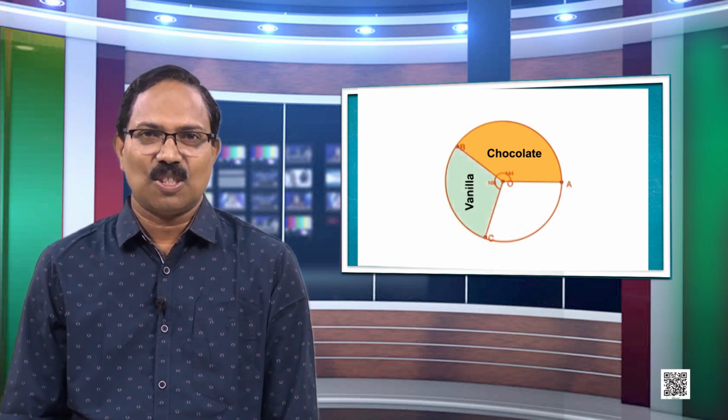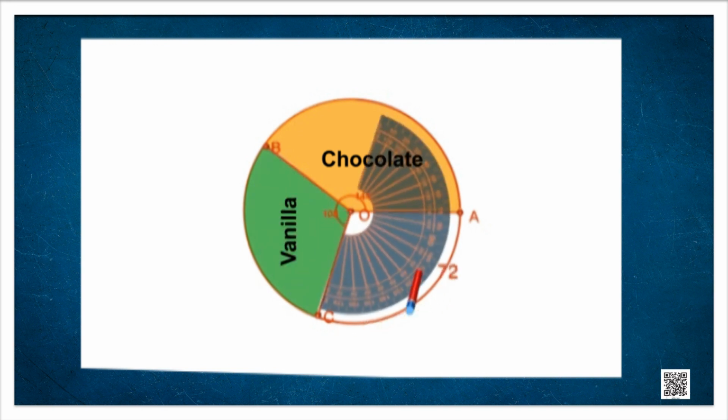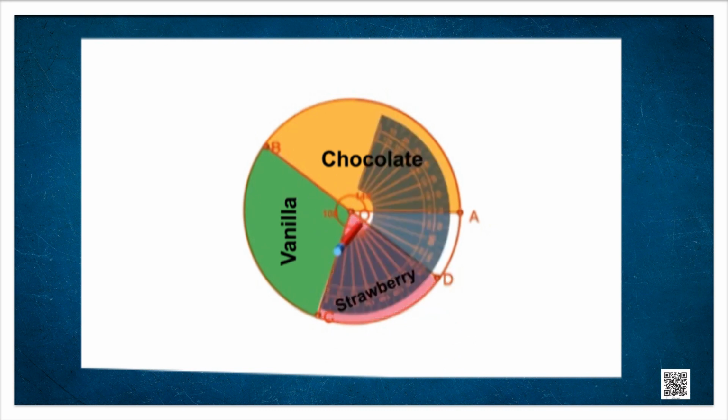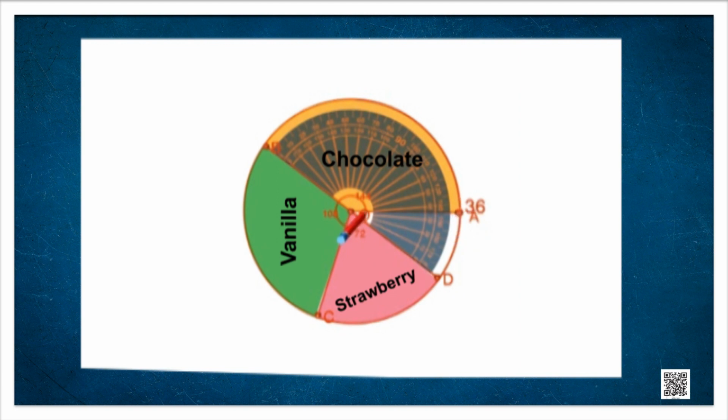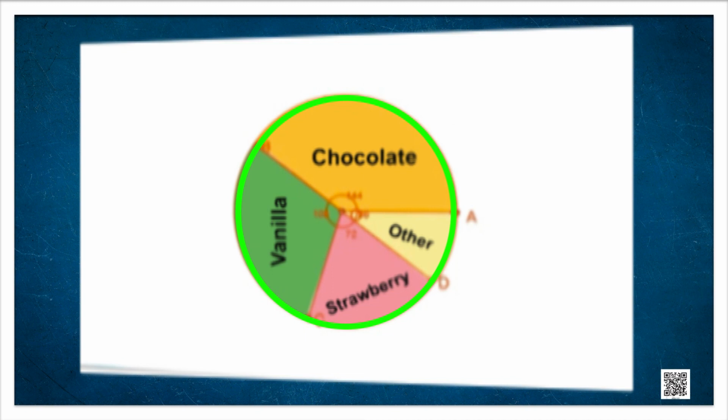This sector shows the vanilla. Similarly, you have to do it for strawberry and other flavors. So, when you join these degrees such as 72 and 36 with the origin, you get a complete circle.